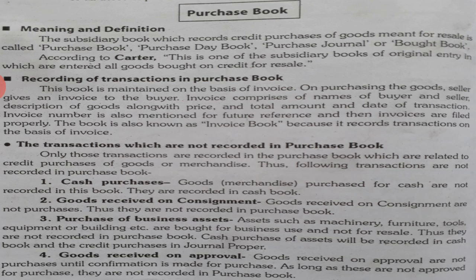For any business, if an asset is purchased, so purchasing of assets is not purchase. So in the very first chapter of this book, when you were taught terminologies, you just recollect the meaning of purchase.